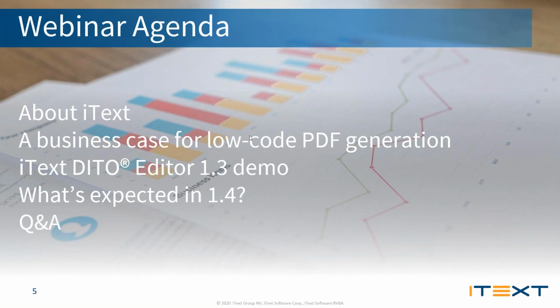And so we can dive into the actual content of the session this morning. As we promised in the invitation that we sent out to you, we're going to build a business case for low-code PDF generation. I think that's the most important thing this morning. And then obviously we're also going to walk you through iText, our own low-code platform.